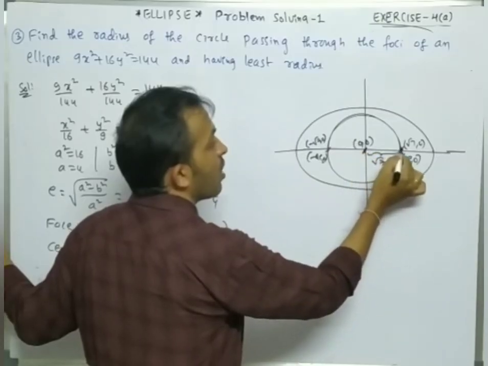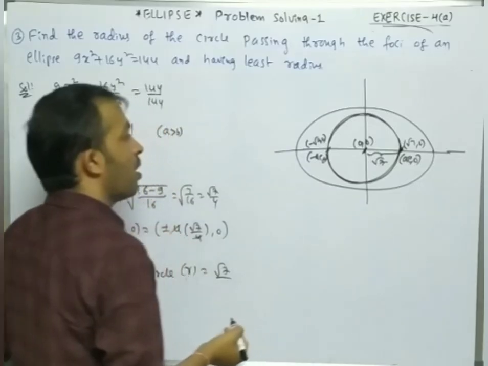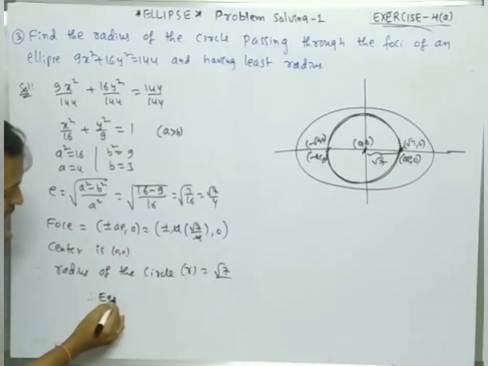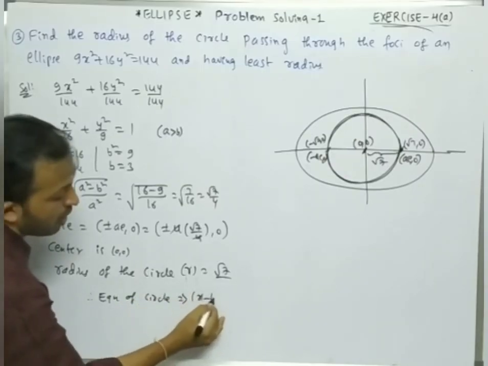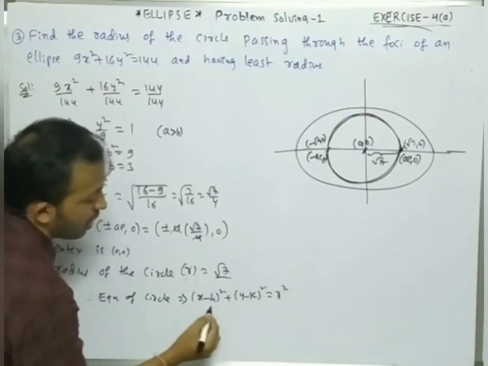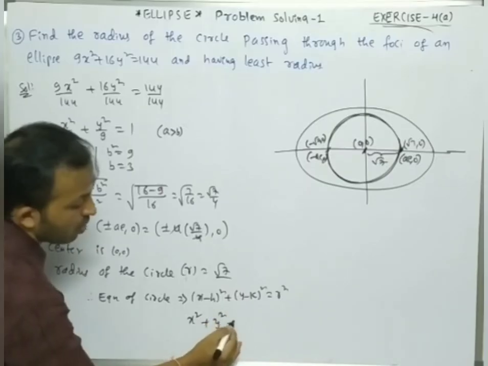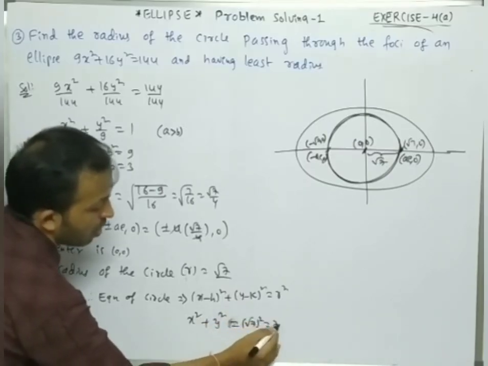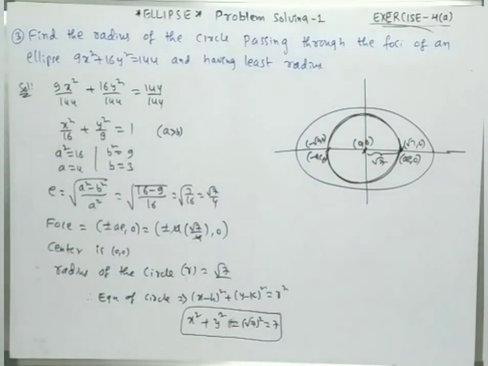So here the question is, we have to find the equation of the circle passing through the foci. Okay, so therefore the equation of the circle is x minus h whole square plus y minus k whole square is equal to r square. Center is 0 means x minus 0 whole square, y minus 0 whole square is equal to r square, that means root 7 square, which is equal to 7. So x square plus y square is equal to 7 is the required circle equation.